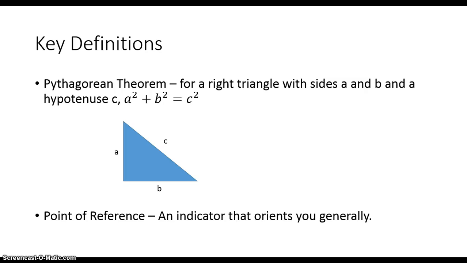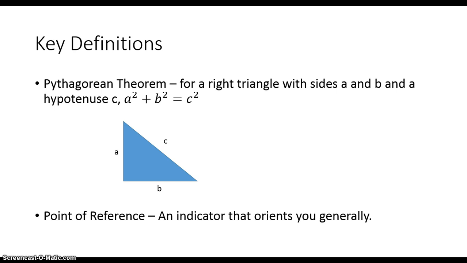The Pythagorean theorem. The Pythagorean theorem states that for a right triangle with sides A and B and a hypotenuse C, the lengths of each side when squared and added together equal the hypotenuse squared. So A squared plus B squared is equal to C squared. I also am going to talk about a point of reference.